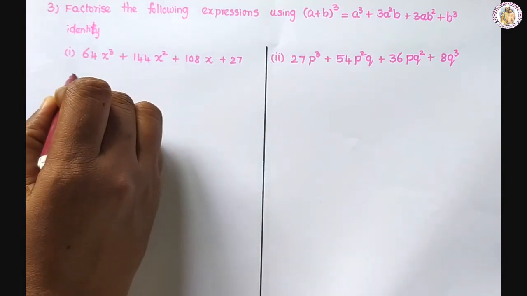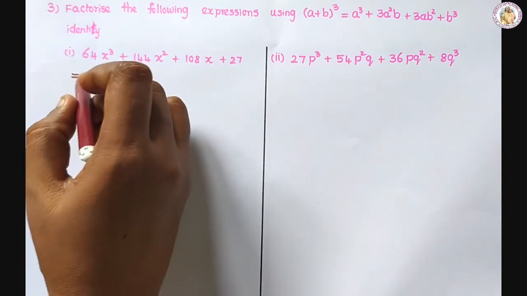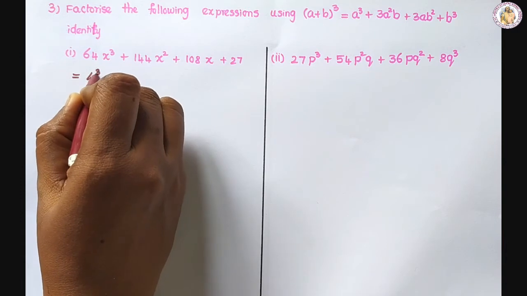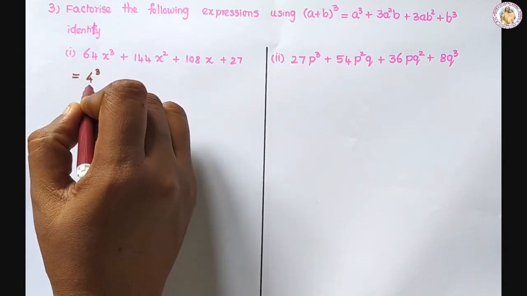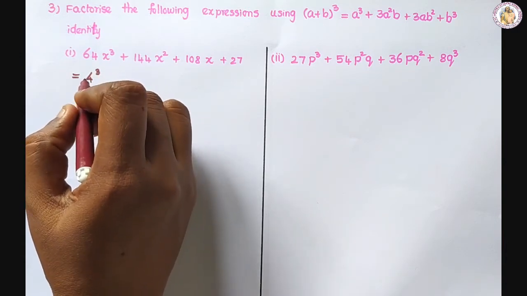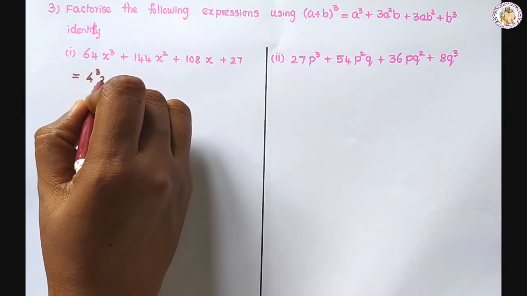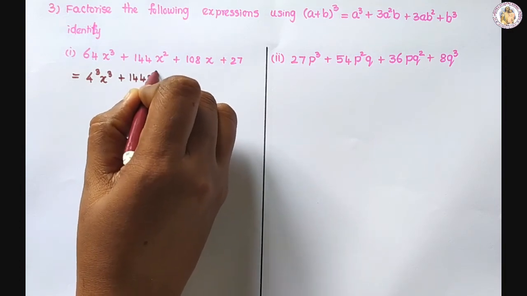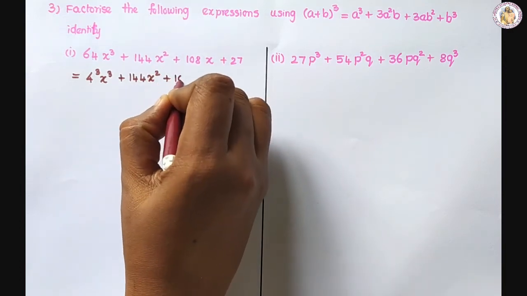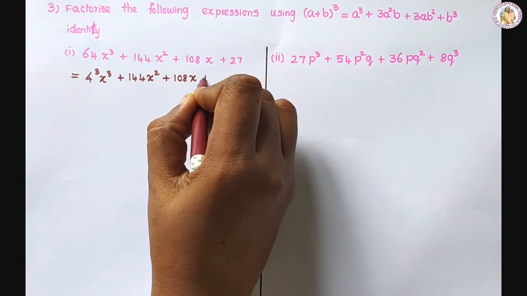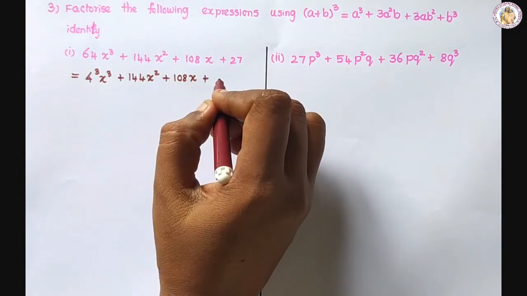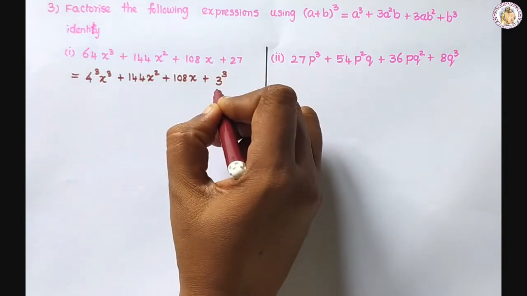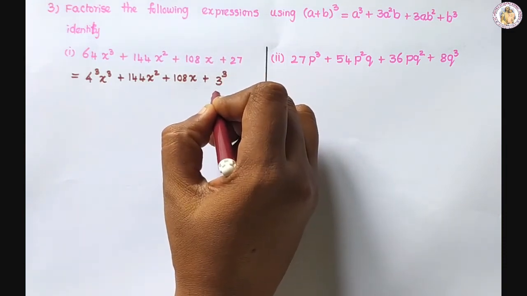Listen, first this can be written as 64 as 4 cube, right? 4 into 4 into 4, 4 4s are 16, 16 4s are 64, and x cube plus 144x squared plus 108x and 27 as written as 3 cube. 3 3s are 9, 9 3s are 27.